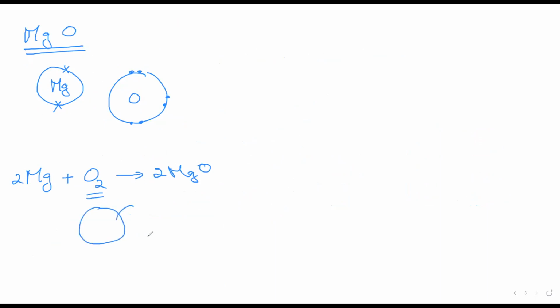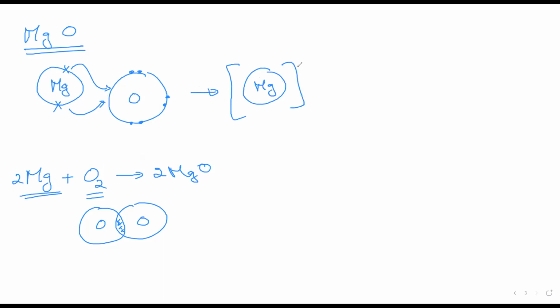An oxygen molecule means it has 2 oxygen atoms sharing their electrons together, but each oxygen will gain 2 electrons from each magnesium. We have here 2 magnesium atoms. Each of them would lose 2 electrons to give to one of the oxygen atoms, and it forms the magnesium ion. And here we have to show that the magnesium ion has a +2 charge and that the oxygen has gained these 2 electrons, and that's why now it has a -2 charge.